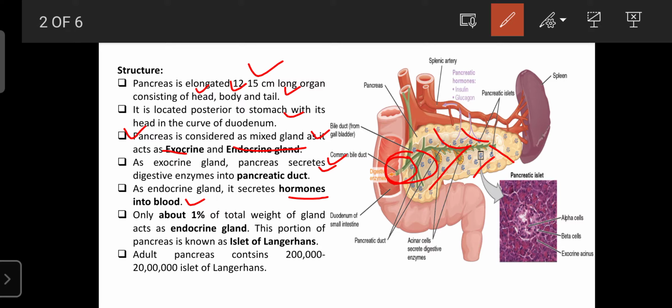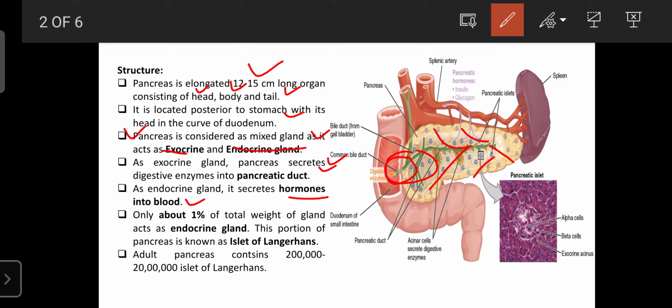When the sugar level decreases, it secretes glucagon. This depends on the signal from the glucose present in the plasma, or blood. So according to the plasma concentration of sugar, carbohydrates, or glucose, the endocrine part of the pancreatic gland secretes hormones by the exocytosis process.